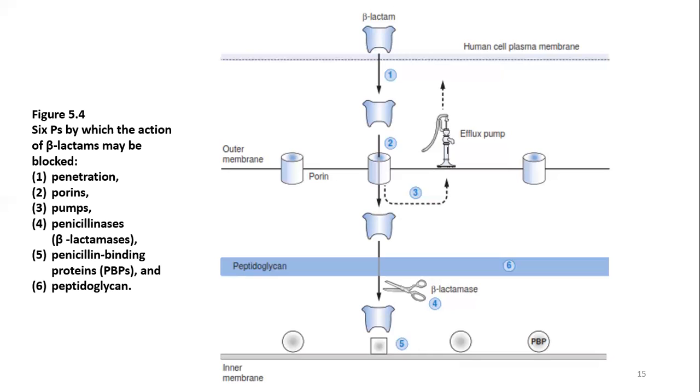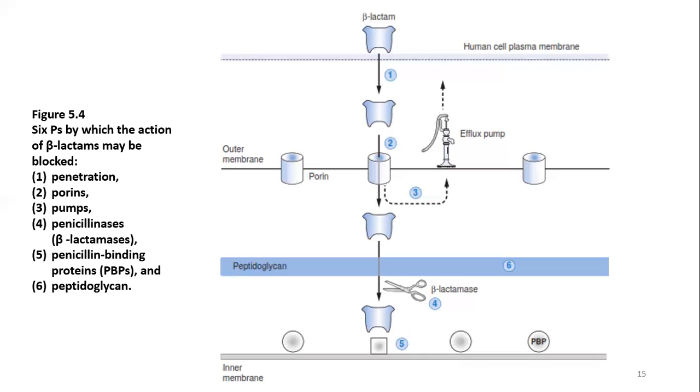So again, E. coli, Proteus mirabilis, Salmonella, and Shigella. These are gram-negative bacteria. So just because of it, the penicillin cannot pass their cell membranes. So this is also a type of resistance.